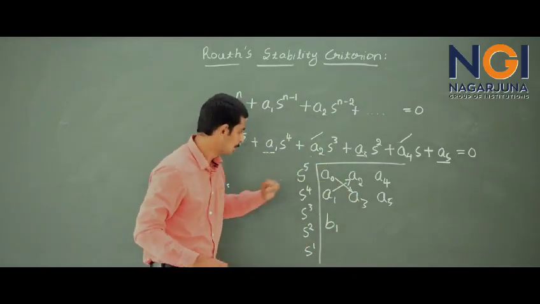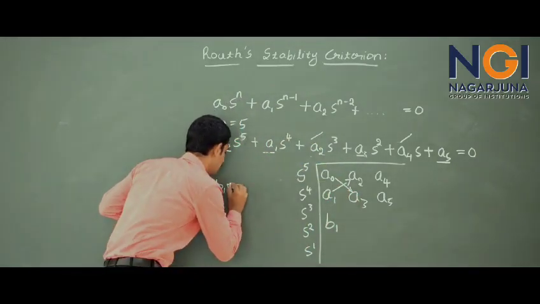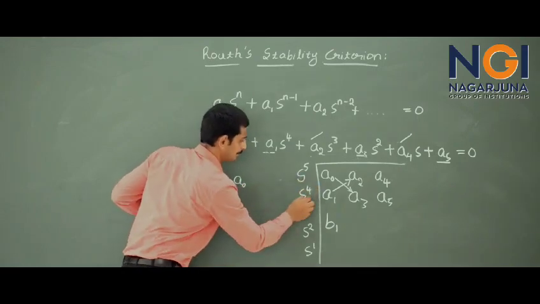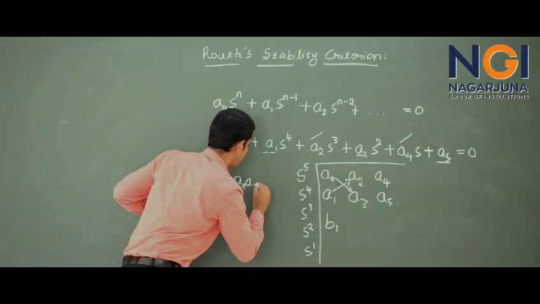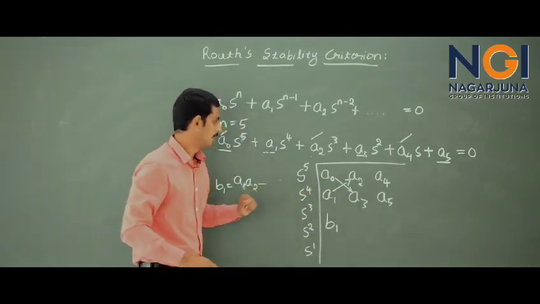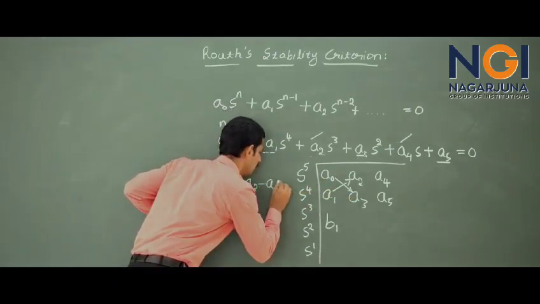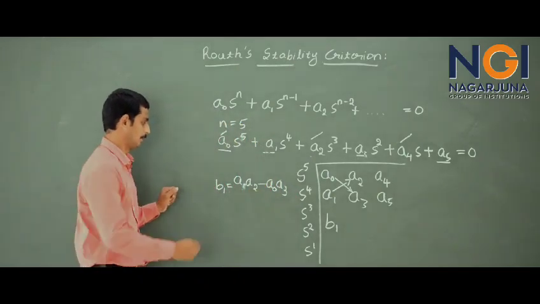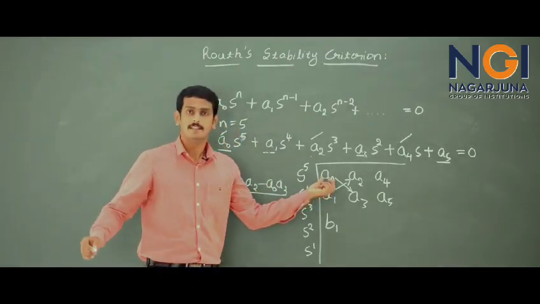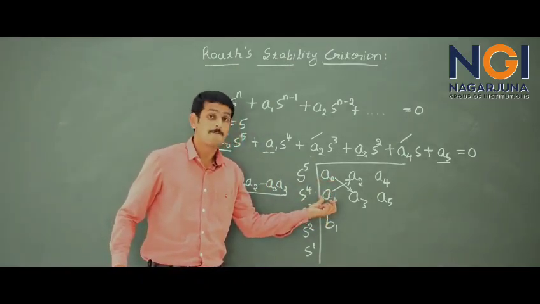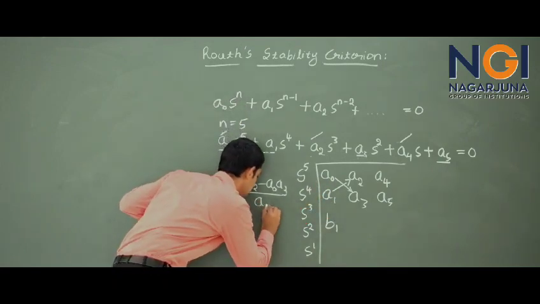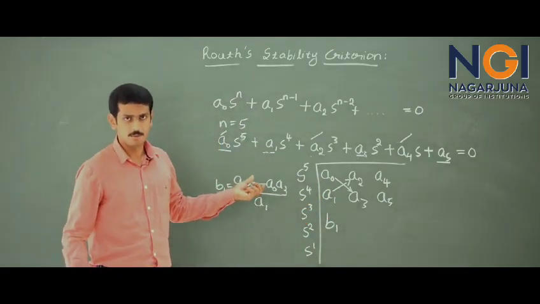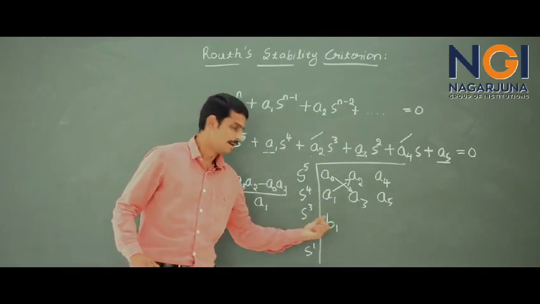So b1 will be a1 into a2 minus a0 into a3, divided by the first term in the second row, which is a1. This is the formula to calculate the term b1.